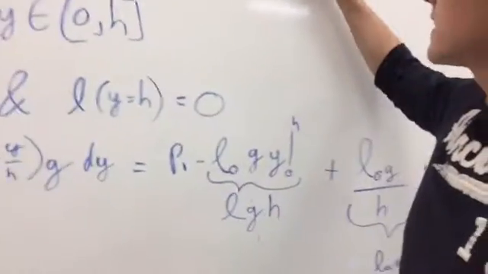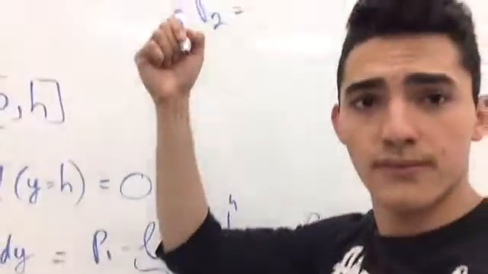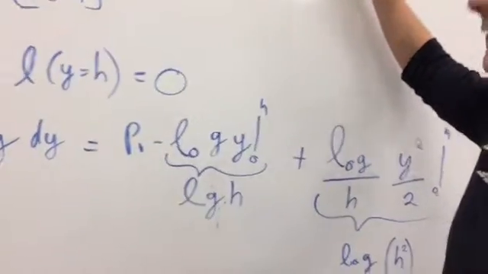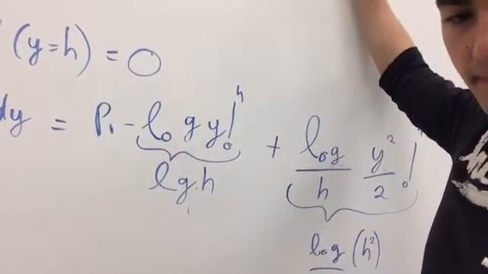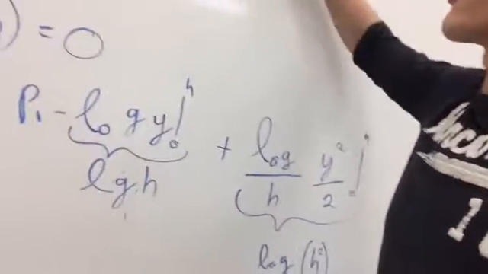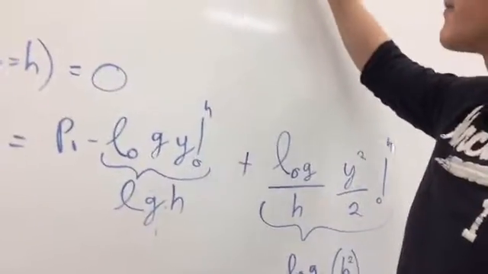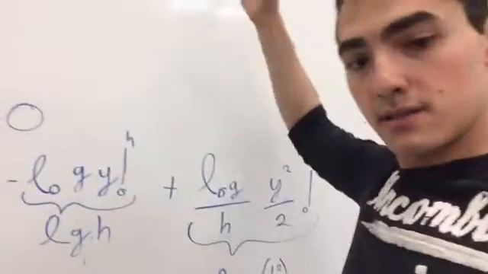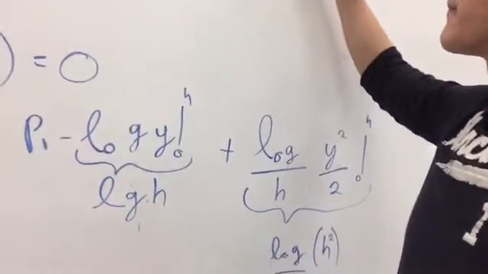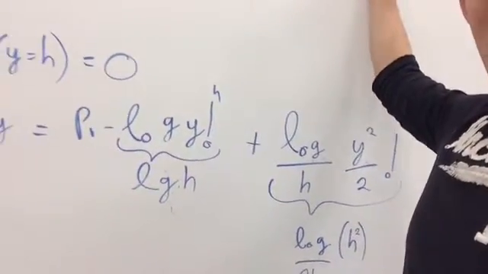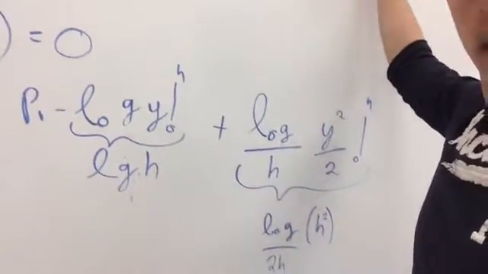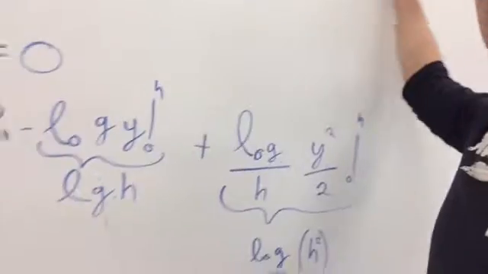The new formula states that pressure 2 is equal to pressure 1 minus one half of our initial density times gravity times the height.